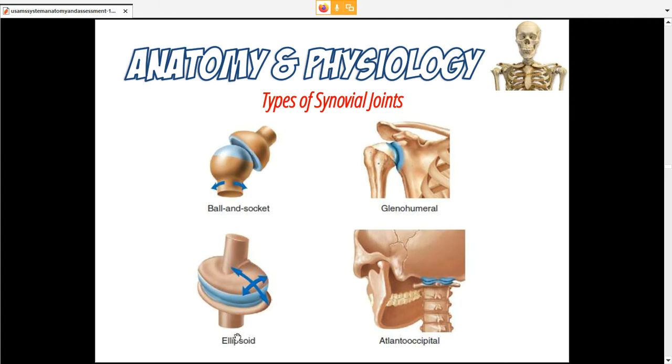Then the ellipsoid joint. Two different movements take place at the ellipsoid joint, including lateral movements. An example is the atlanto-occipital joint. Atlanto means atlas, the first cervical vertebra, and between the occipital bone and the atlas we can identify the atlanto-occipital joint.